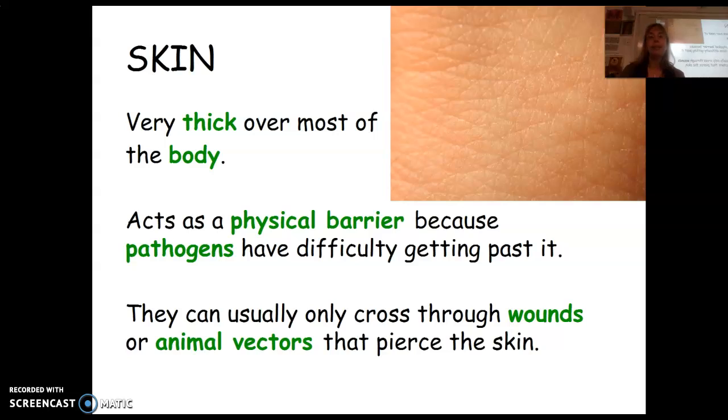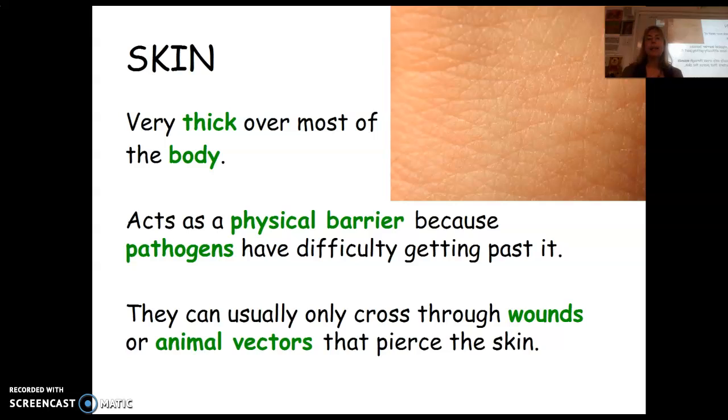So the skin is in fact the largest organ of our body, and it's quite thick, and it's there to cover our body so that pathogens cannot get inside. So it's acting as a physical barrier.